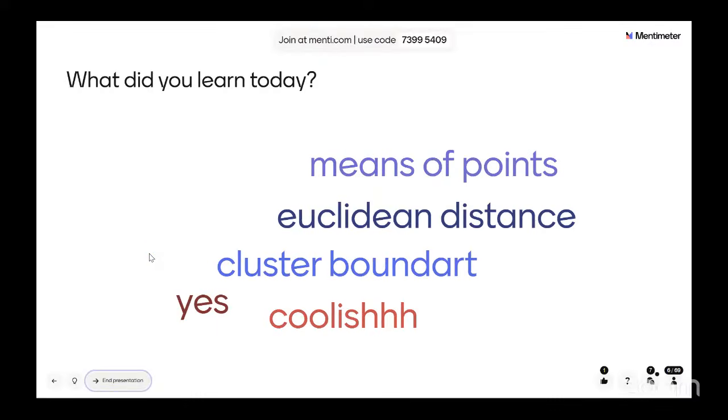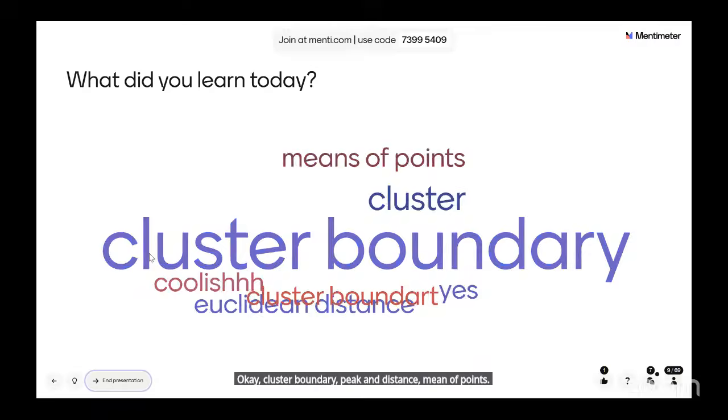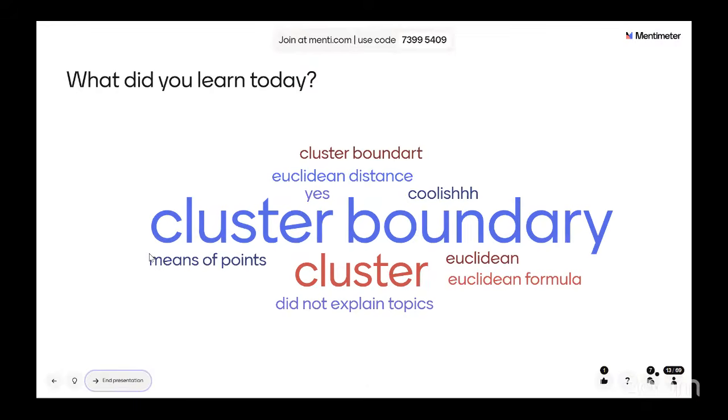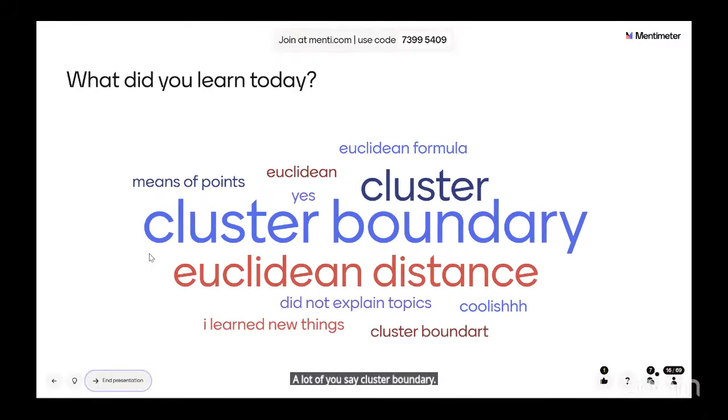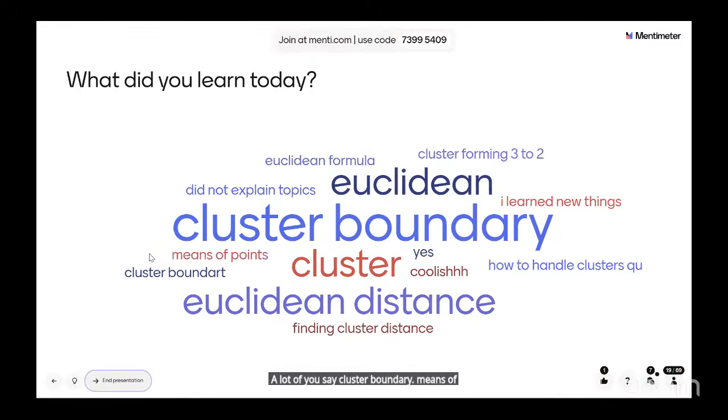Okay, cluster boundary, Euclidean distance, mean of points. A lot of you say cluster boundary. Means of points, Euclidean formula.